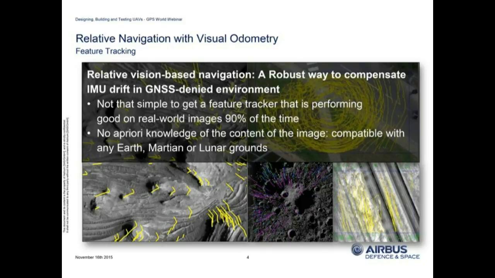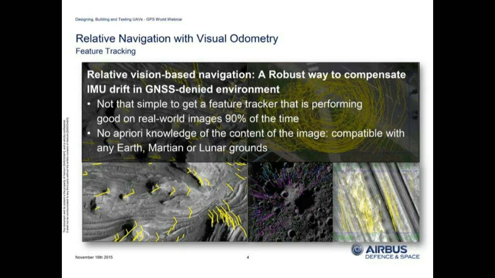So at first it was designed for landing on Mars. So we really did a lot of work on having good feature extraction from images of the Martian and Moon surfaces, one that works on all kinds of images. It's quite a tricky part to do, but there has been a lot of work on this matter for a couple of years.